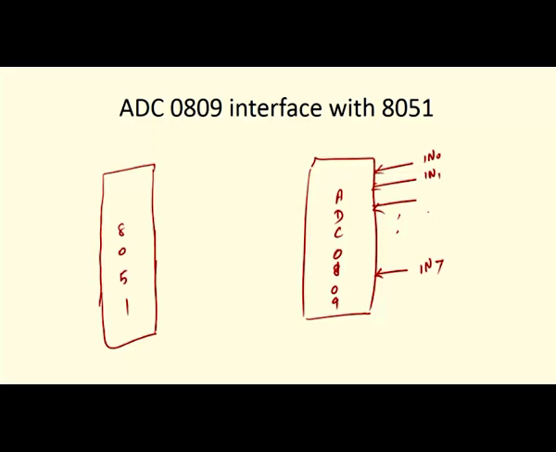Here I will get the 3 bits for selection. Then here I will connect the data lines D0 to D7. Okay. Then we want to activate the remaining control signals ALE, SOC, EOC, and here sometimes they give an output enable, or you can say it is a read signal. Okay. So, this is the interfacing.